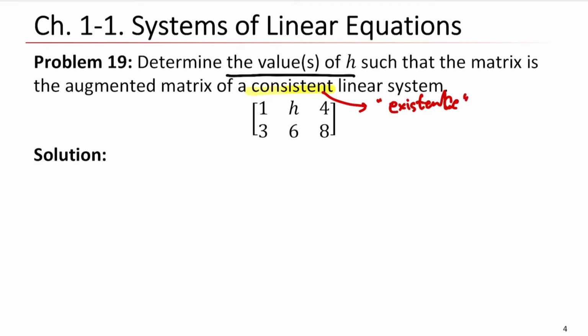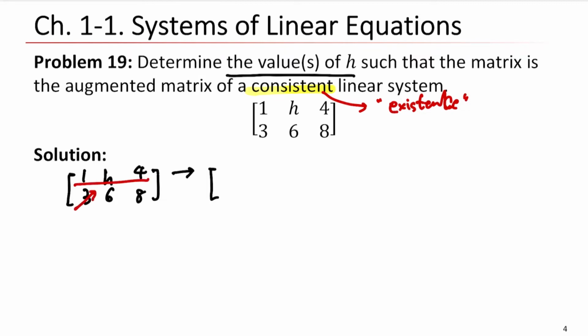To determine the existence of a solution, let's row reduce this original augmented matrix. How can we do that? Use this first row to remove this term.